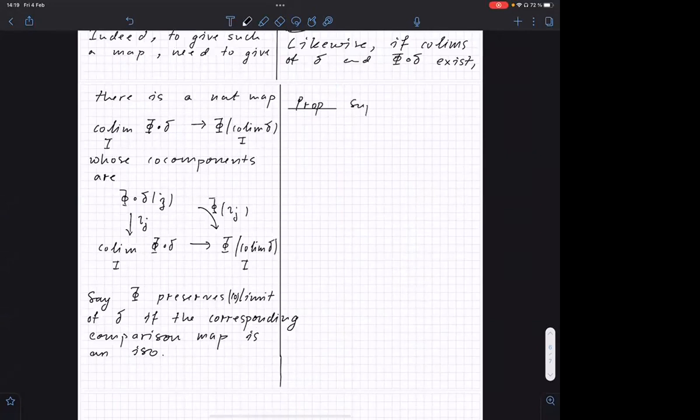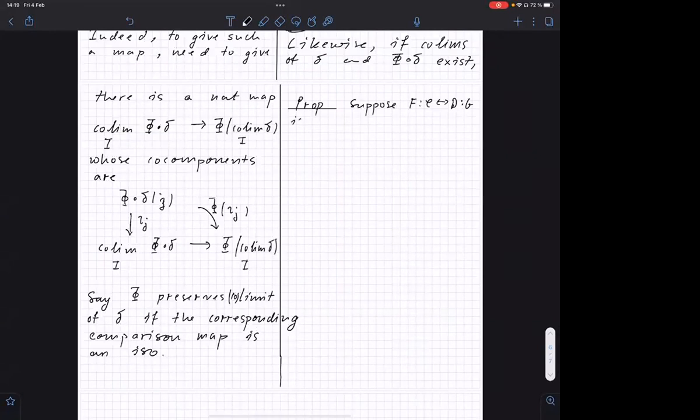So suppose I have an adjunction back and forth between C and D. I'm leaving implicit the eta and epsilon.